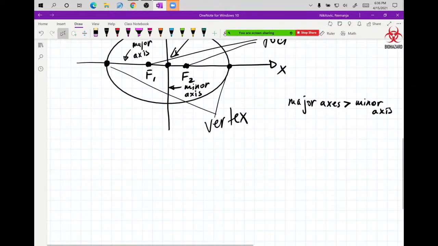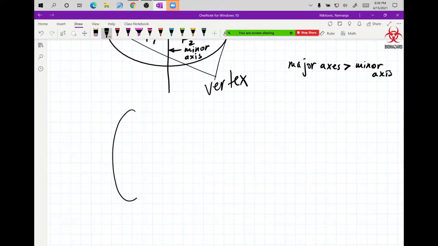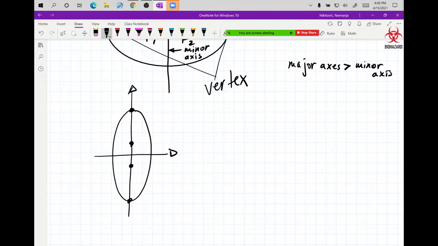But I found that sometimes students are confused when the ellipse is drawn this way, because now your vertices and your focal points are on this vertical line. So now this is your major. So you can't learn the major is X or something. No. Major is the longer one.